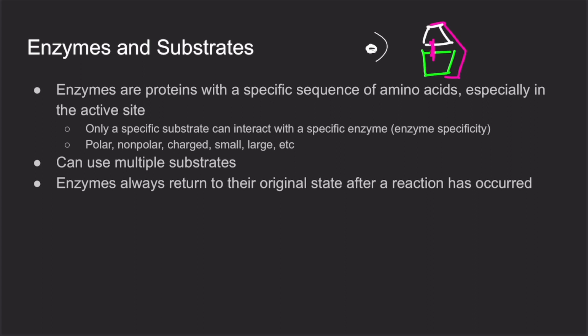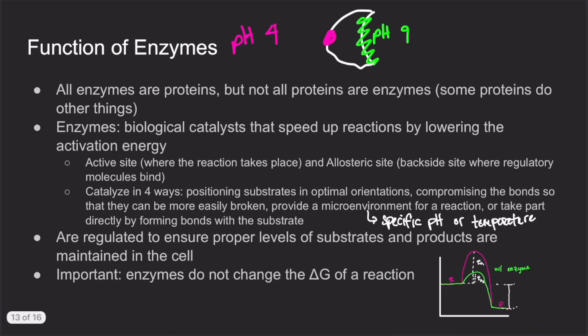If they are altered in any way, they will likely be more of a reactant, not an enzyme or a catalyst. Okay? So, a few important things to understand with enzymes and catalysts: returning to their original state, and not altering the delta G. They are critical for maintaining life, and that's why we often use them as an example of proteins.